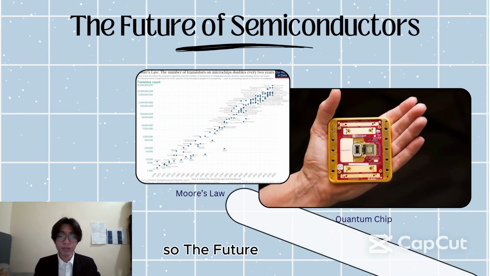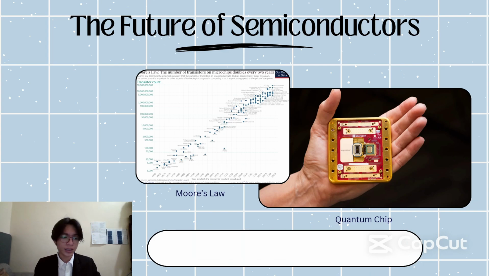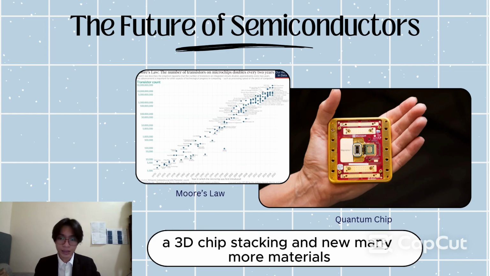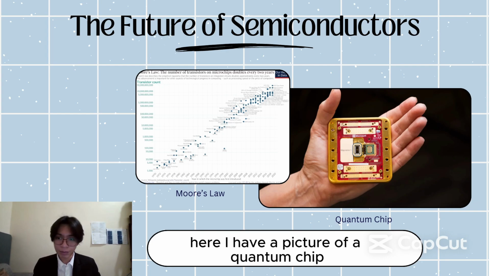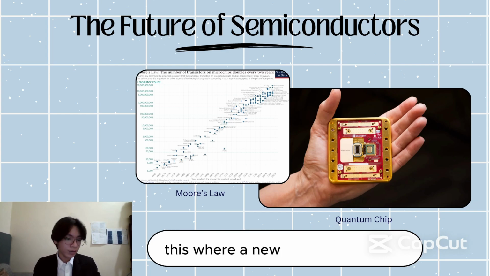The future of semiconductors. The future of semiconductors is really exciting. We're seeing advances in quantum computing, 3D chip stacking, and many more materials. You can see from this slide, here I have a picture of a quantum chip. This is where new technology is being developed with the use of semiconductors.